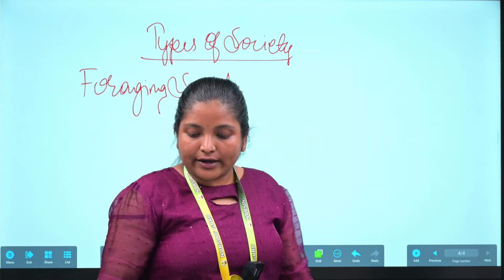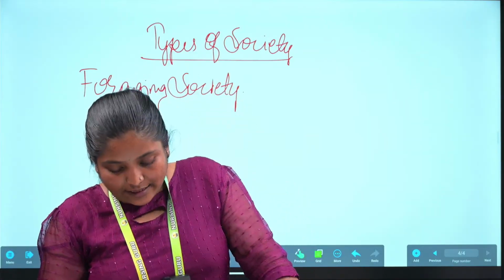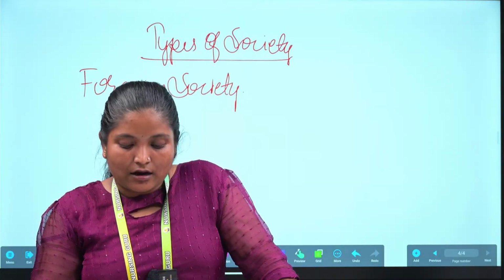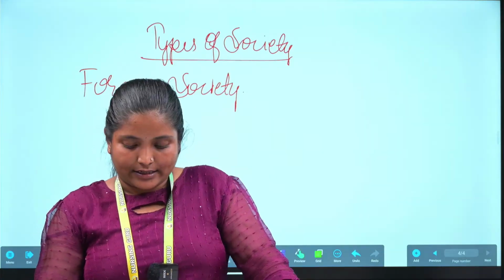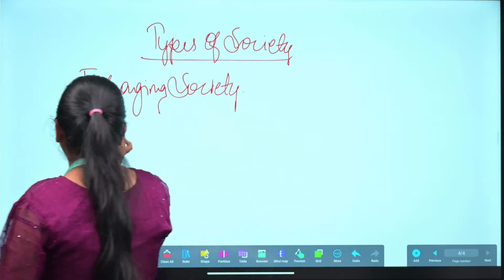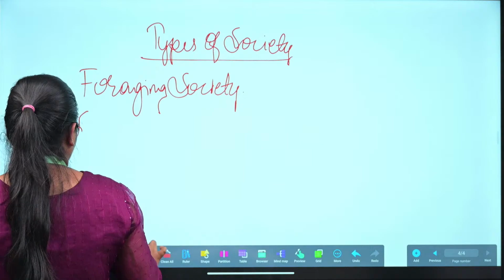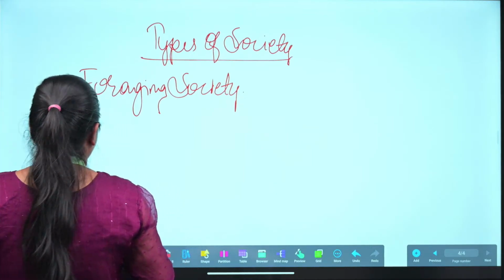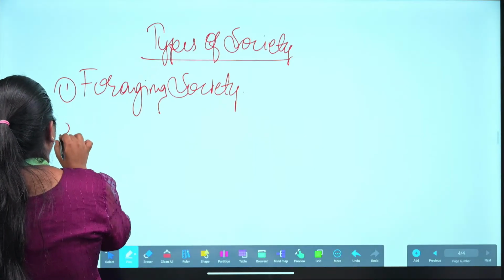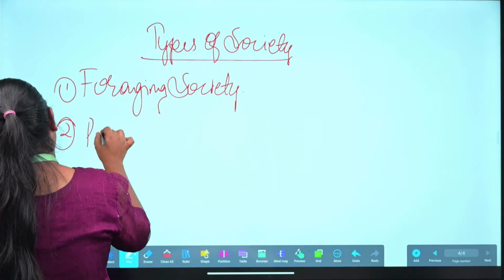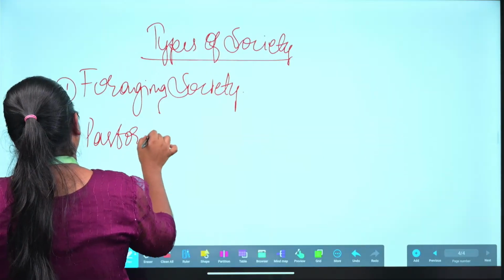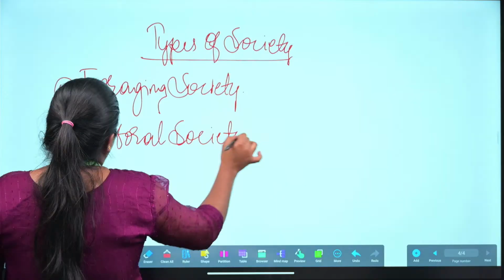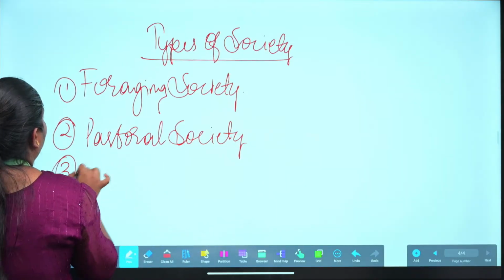The second one, here you can see, is pastoral society. Pastoral society. Horticulture.